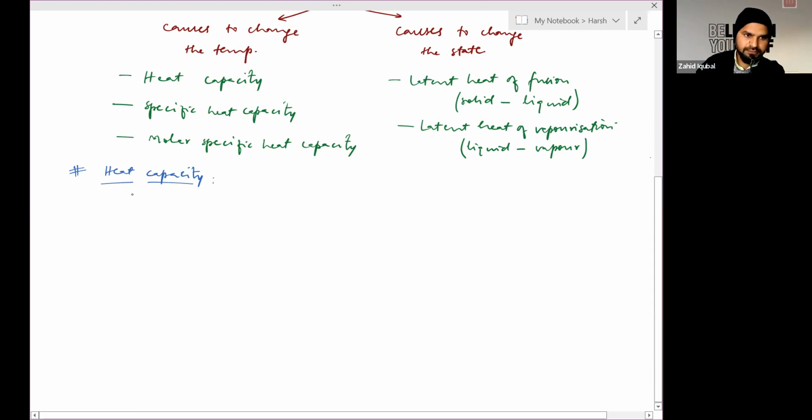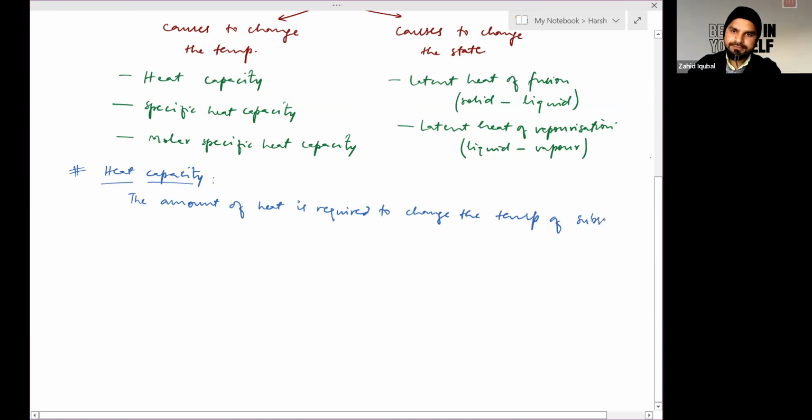So it is the amount of heat required to change the temperature of a substance by 1 Kelvin or 1 degree Celsius at normal atmospheric pressure.